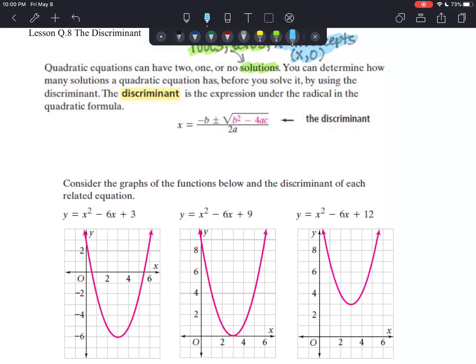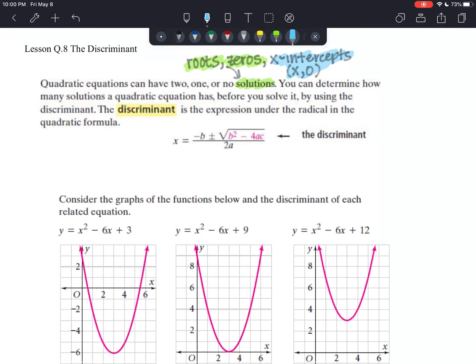So when they say a quadratic equation can have 2 solutions, it could have 2 x-intercepts. One solution means 1 x-intercept. No solutions means no x-intercepts. The discriminant can give us an idea of whether we're going to have 2, 1, or no solutions.